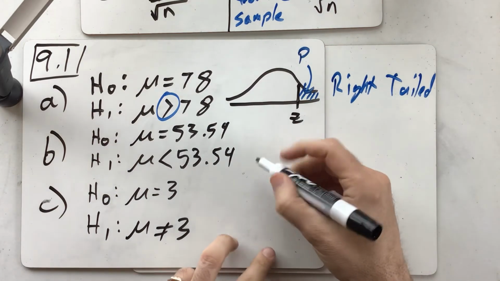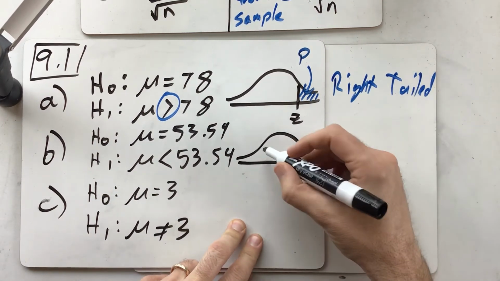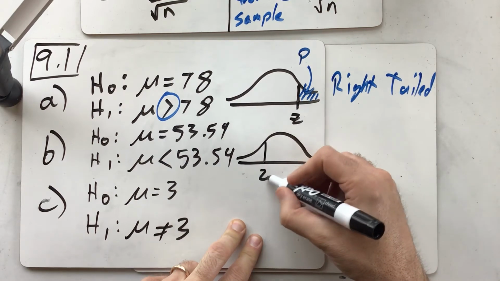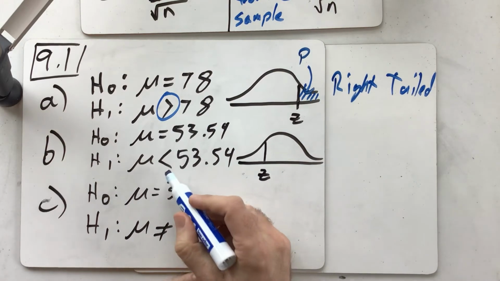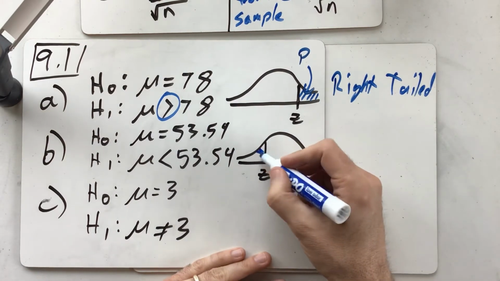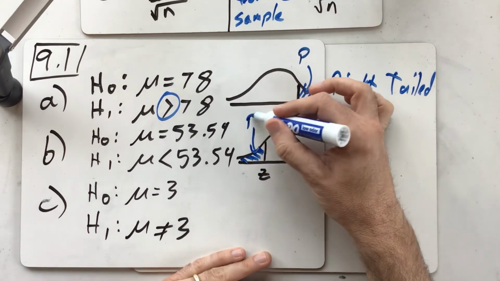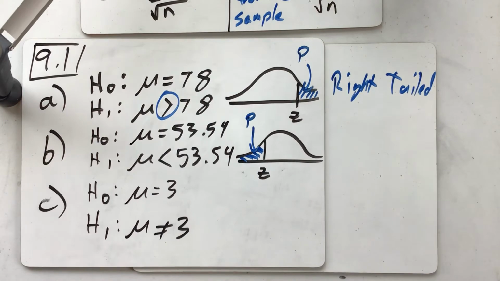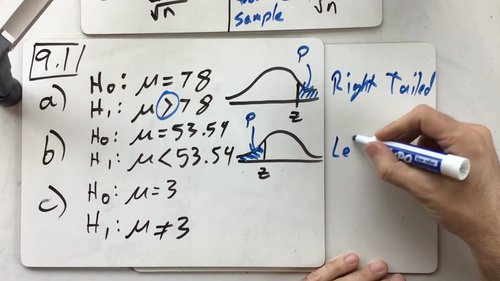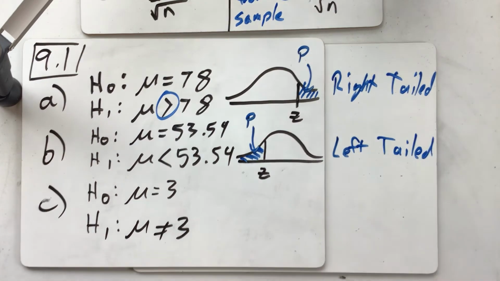For our second problem, we have this track athlete. The track athlete is going to calculate a number right here, I'm going to call it Z. And the track athlete wants their time to be less, so they're going to shade in this part of the problem. For the track athlete, P is going to be this left-hand side. So this is, not surprisingly, going to be called a left-tailed study.